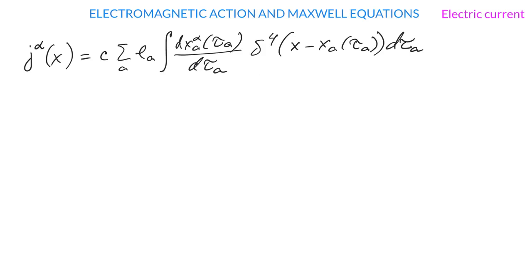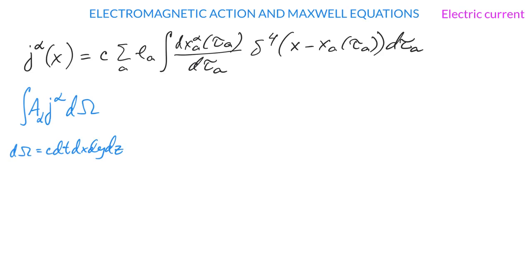Now let's observe the following. Let's take our four-current density, contract it with a vector field A sub alpha, and integrate over all four-dimensional spacetime. Remember, d omega, as I explained, is c dt dx dy dz. So we take this right-hand side and substitute here and integrate. The integration eliminates the delta function.